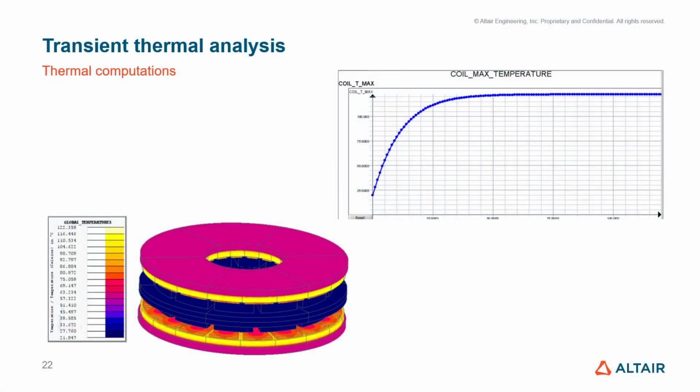In the transient thermal analysis, the thermal behavior is studied at normal working conditions, providing iron and eddy current losses as inputs. As output, the temperature in all the domain is represented as ISO values for each step, and the maximum temperature in the coils or other parts of the motor versus time can be plotted.